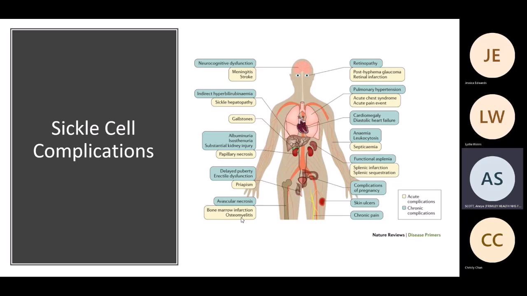The spleen is obviously working really hard to try to clear all these red blood cells, so you can get splenomegaly, and lots of other different things. Priapism is common as well, bone marrow infarction and osteomyelitis, and chronic pain is also a big one.